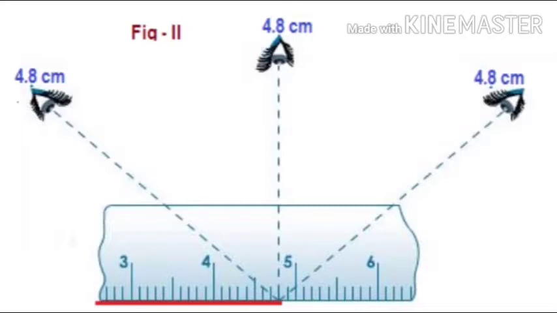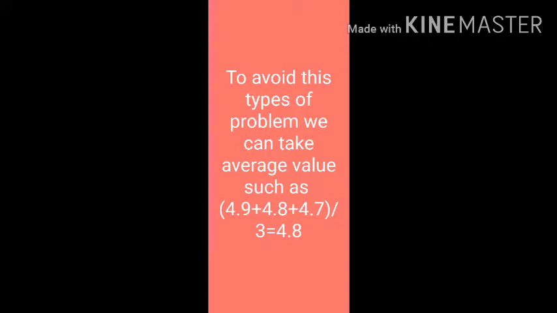When they measure or observe the length, one student will measure 4.8, one student will measure 4.9 and the other will measure 4.7. So what is the accurate value? To avoid this type of problem, we can take the average value, such as 4.9 plus 4.8 plus 4.7 divided by 3, that is 4.8. In this way, we can avoid some problems.